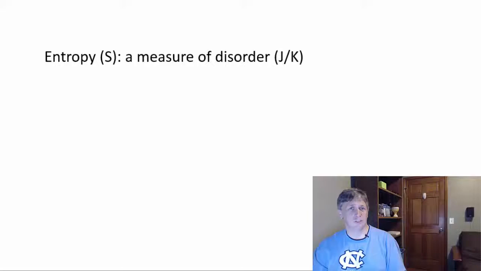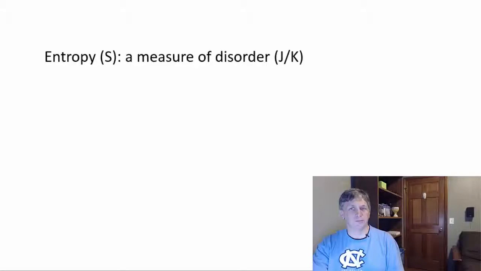I guess scientists are just all emo at heart. It's usually symbolized with the letter S. Why we picked S, there's a reason, but you guys can Google that on your own. And it's usually measured in joules per Kelvin, how much energy is being transferred per Kelvin as this disorder is occurring.